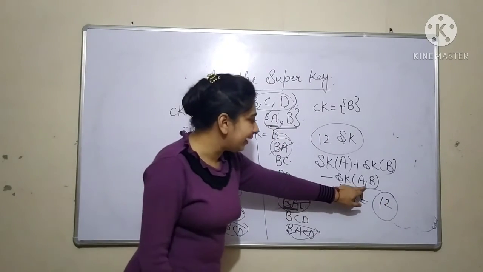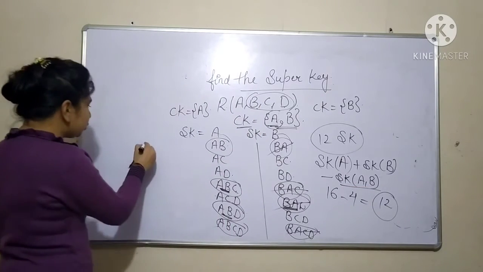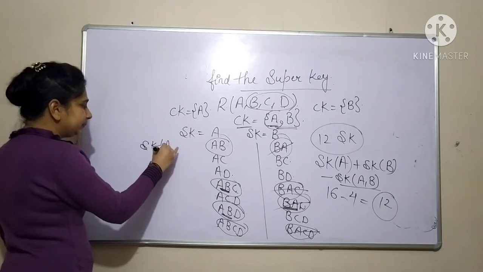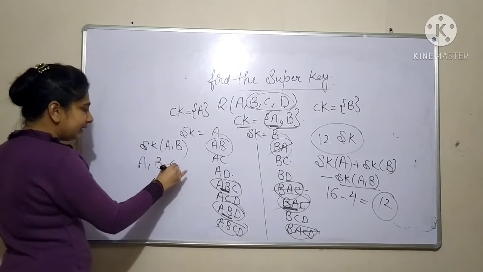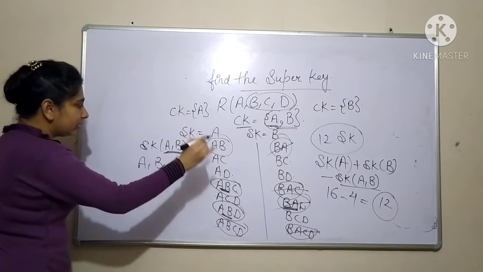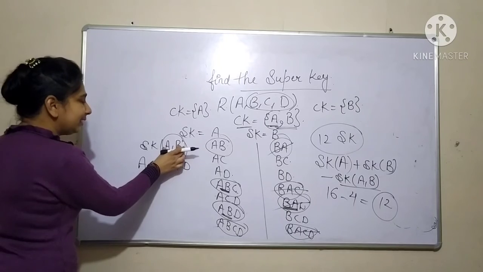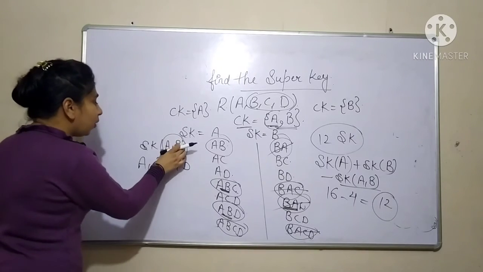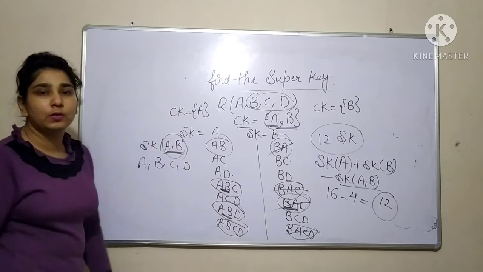How do you calculate the super keys of A and B? The total attributes are A, B, C, D. AB is your candidate key, which is actually a composite key.